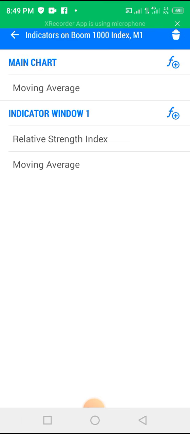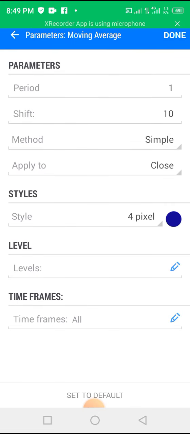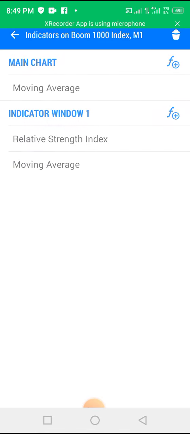The first indicator we'll be adding is the moving average. On your main chart you add the moving average, with period 1, shift 10, method simple, apply to close. The style here is 4 pixel, and I'm using blue color. You can use any color of your choice, but make sure it's more visible so you can really see what you're doing. After that you click on done.